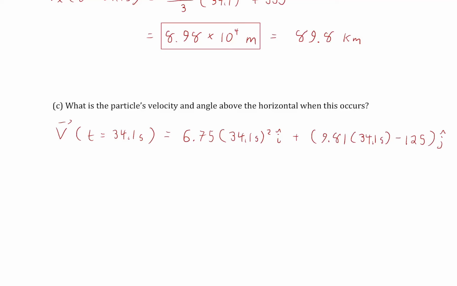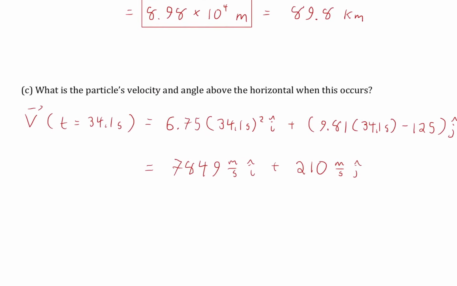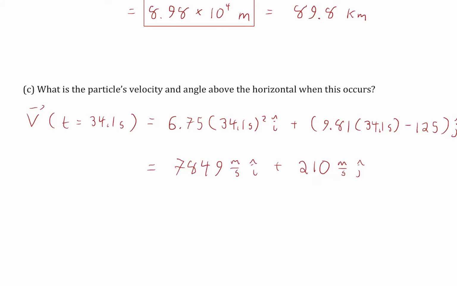All right, I'm going to plug in that particular time of 34.1, because that is the time when the particle gets to a vertical location or position of y equals 0. It says here, when this occurs, well, this occurs is getting to y equals 0. And so we'll just then find the values. So now I just have in meters per second the x component of velocity, and in meters per second the y component of velocity.